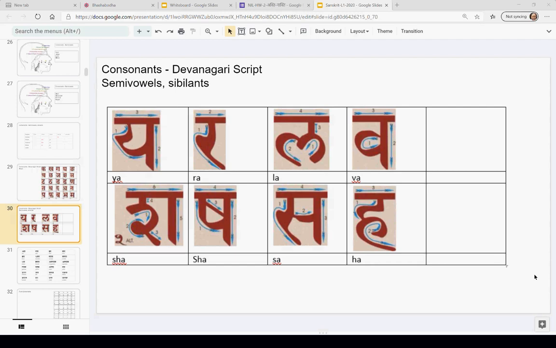So if somebody's name, for example, my name, Sanjeev, I can write it like this, or I can write it like this.